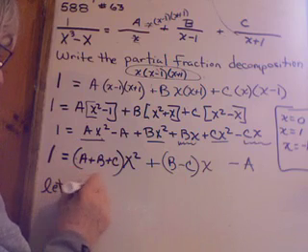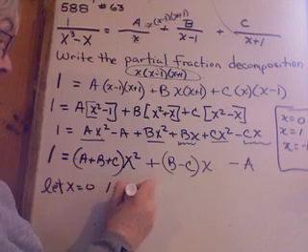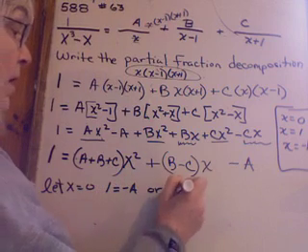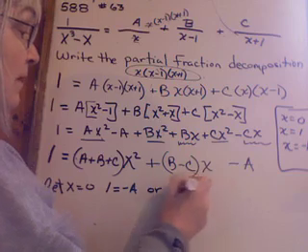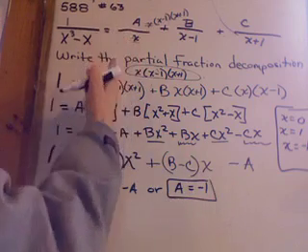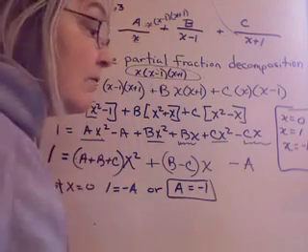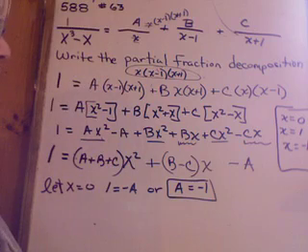Let x equals 0, and I get 1 equals negative a, or a equals negative 1. So I'm getting the partial fraction solved here. I know the first number up here is a negative 1. You follow that?